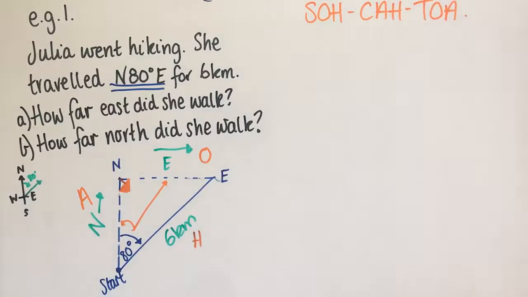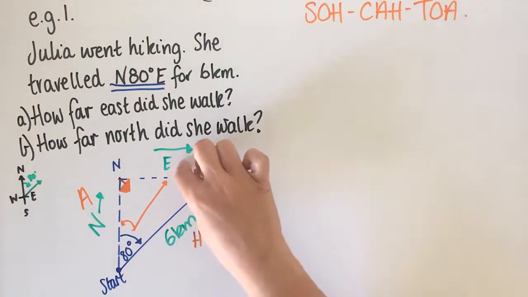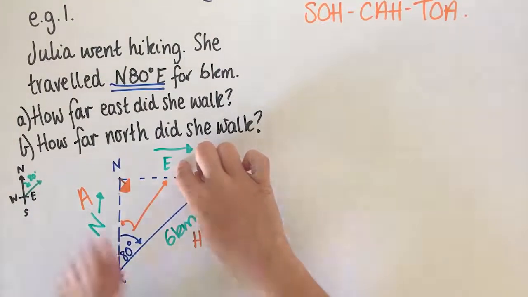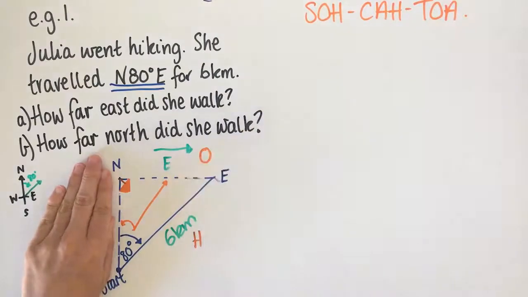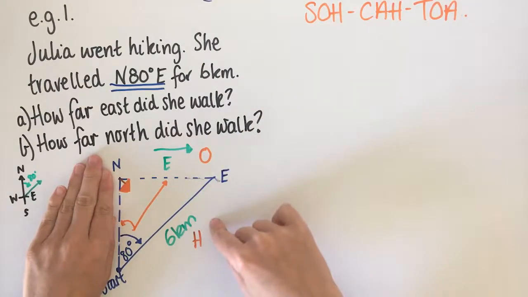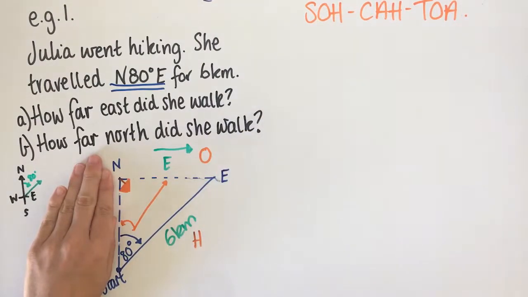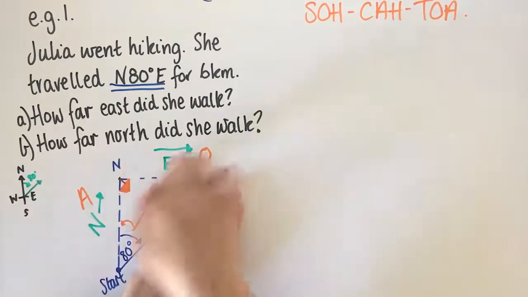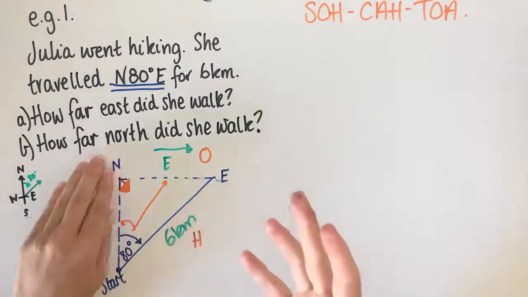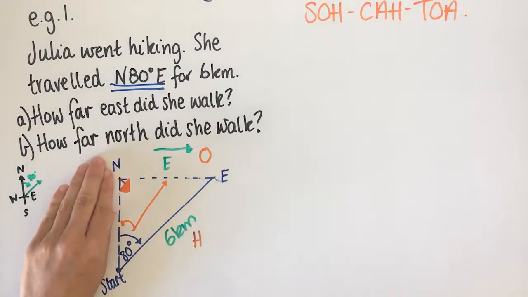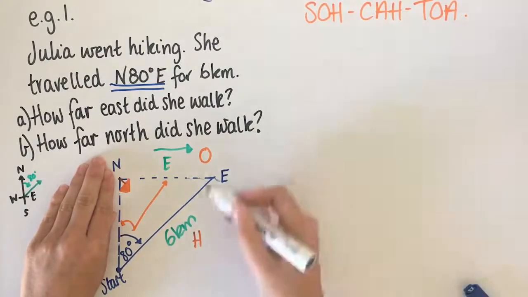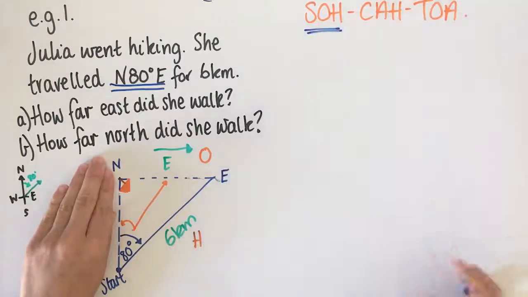If I'm thinking about this side that I'm trying to find, I don't need this one. I want the one that has one value and one value that I don't know, because if I use that one, I don't know either of them, so that doesn't help me. So I need to use one that I do know and one that I don't know. An O and an H is what I've got here.